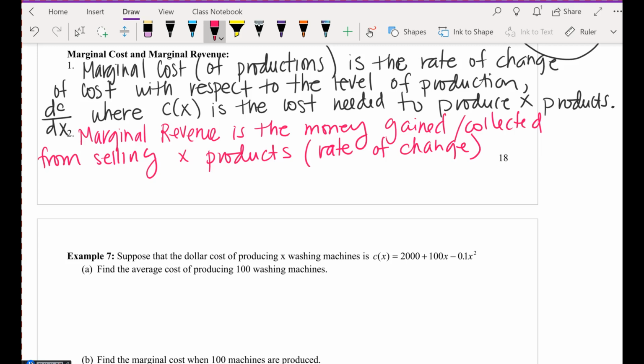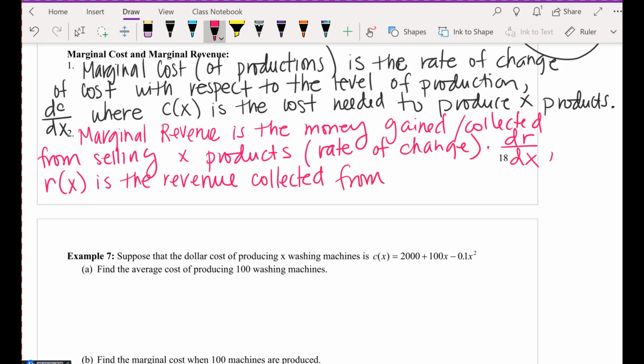Normally you're going to see dR over dx, and guess what R of x is? It's the revenue. Okay, so revenue, and x is product. Revenue collected from selling X product.